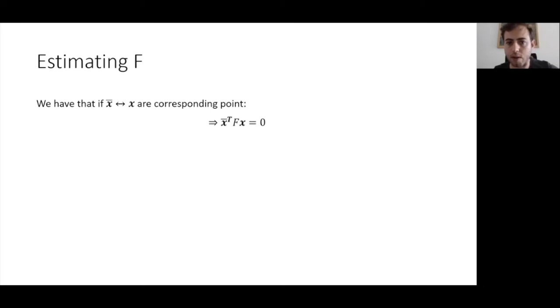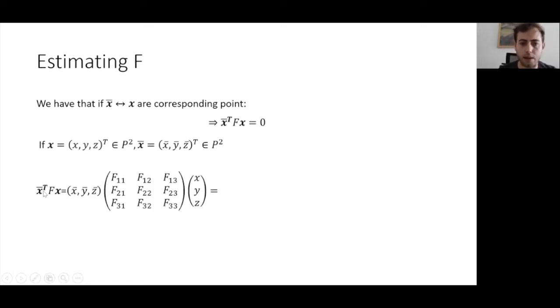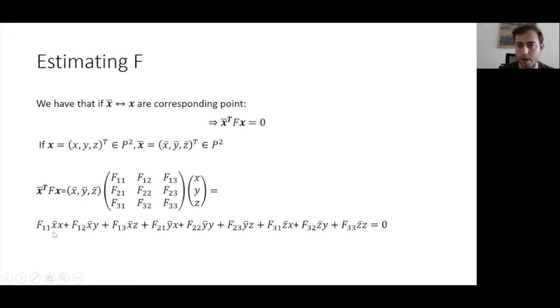And we can do that because we have this constraint on corresponding points with respect to F. Okay, so if we have two corresponding points, X and X bar, and we know these entries, we can use this equation to constrain F. Okay, so if we just open this expression, we get an equation with 9 elements.